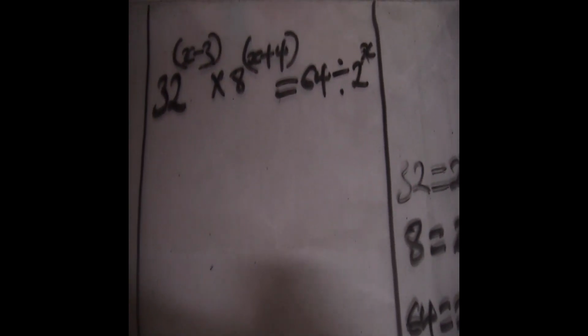So where there is 32, you replace with 2 raised to power 5.